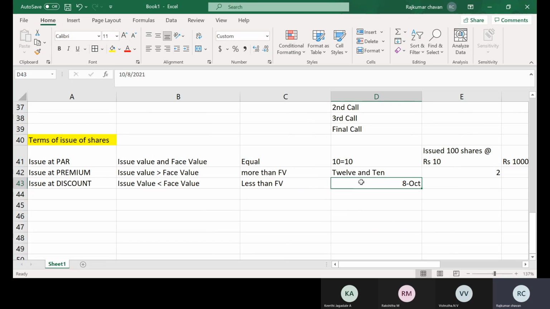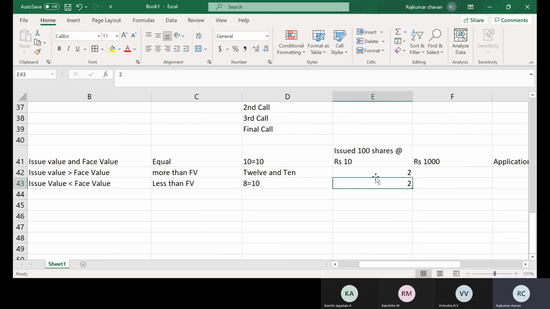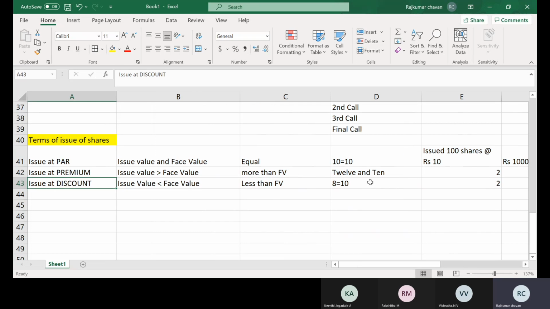I think you know this concept, what is discount and what is premium. That is called issue of shares at a discount. Discount is always a loss for the company, so you need to understand that, it is very important.